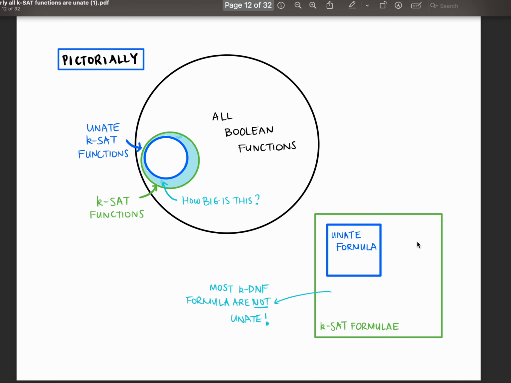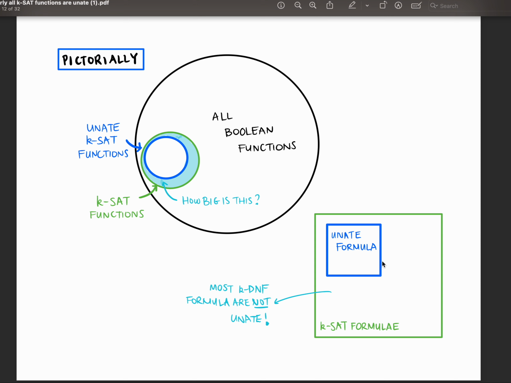And we know that if you look at this bottom right square diagram, the unate formula are a very, very small piece of the space of k-SAT formula. Most k-SAT formula are not unate. The question that we're going to answer in this talk is, what about the setting for functions?